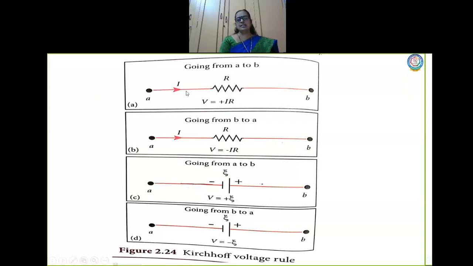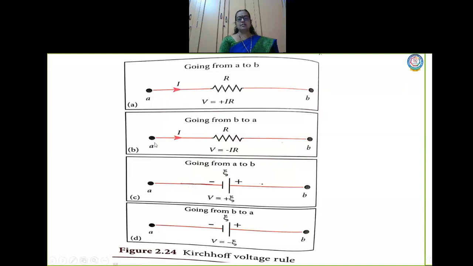So current will be moving from a higher potential to a lower potential. In that case, when you measure the voltage, V is taken as plus I into R. So if your path is along the direction of the current, going from A to B, then V is taken as plus IR. Now look at the second diagram.